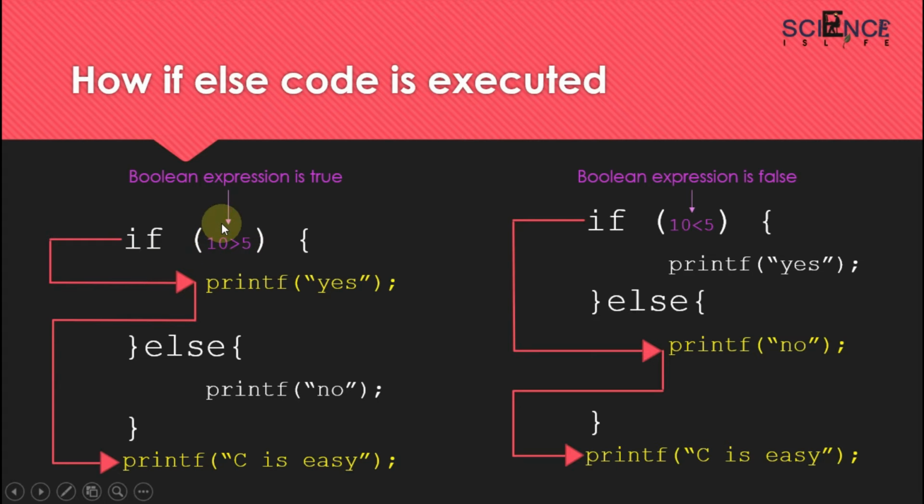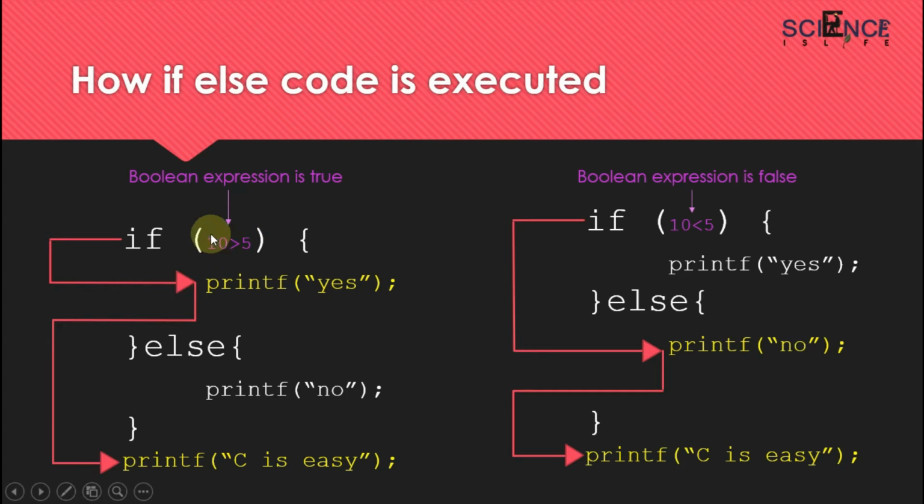Then it will look at whether the boolean expression is true or false. Here we have taken an example, 10 is greater than 5. So this is a true condition, right? This boolean expression produces a true.